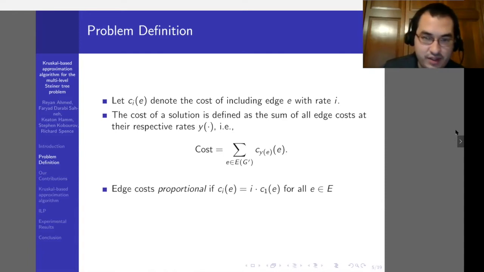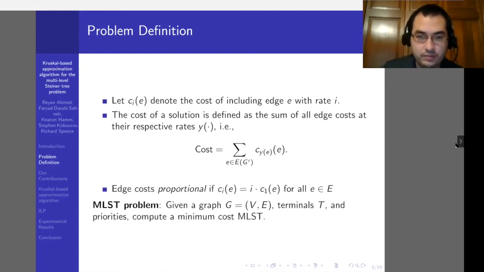As a special case of this, we say that the edge costs are proportional if the cost of including that edge with rate i is equal to i times the cost of including it at rate 1. The MLST problem is to find a minimum cost multi-level Steiner tree given a graph and terminals. This does generalize the Steiner tree problem, which is NP-hard, so we're looking for approximation algorithms for this problem.